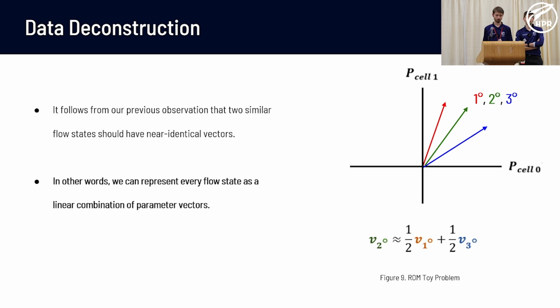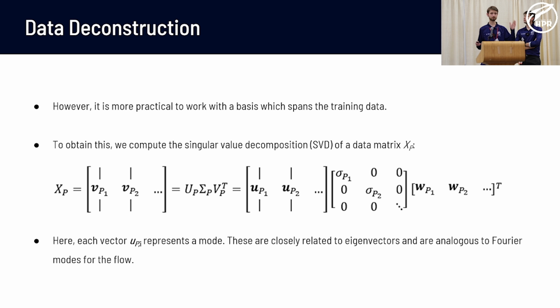However, oftentimes it's a lot more practical to work with a vector basis that spans your space rather than just dealing with your training vectors directly. And so we obtain our basis by taking all the parameter vectors for a given parameter from every single training case, and then inserting them into one giant data matrix X_P.